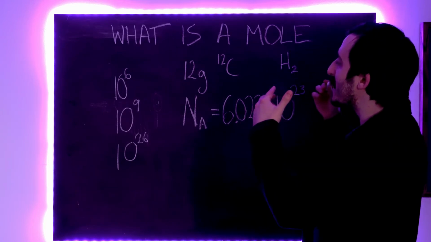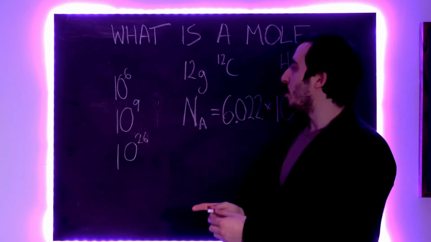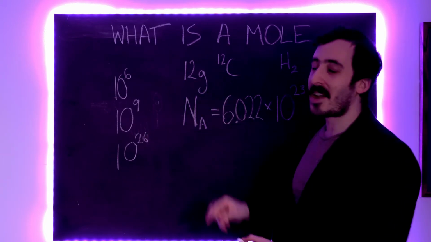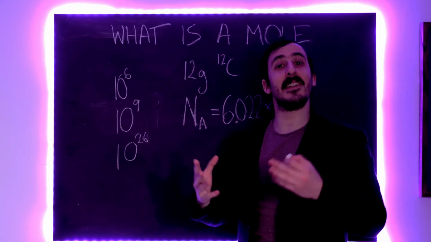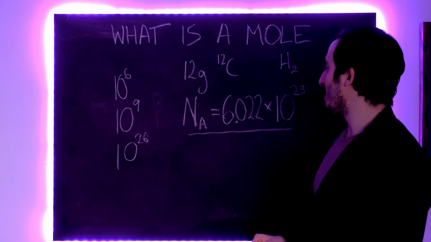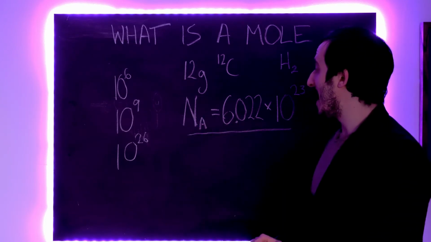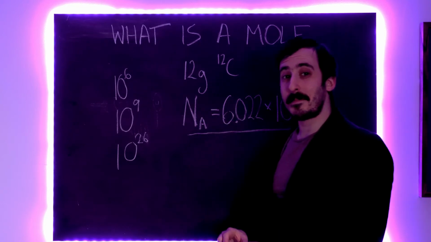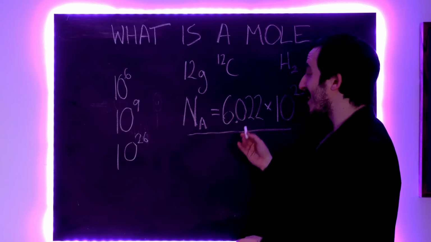So it's the amount of objects which is equal to the number of atoms in 12 grams of carbon-12. Now that might sound a little confusing at first, but really this is the number you have to remember. It's Avogadro's number. And as you can see, it is absolutely vast. And whenever we're dealing with matter, this is the kind of scale we're dealing with.